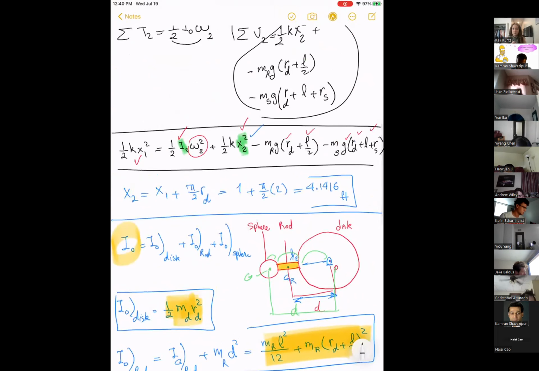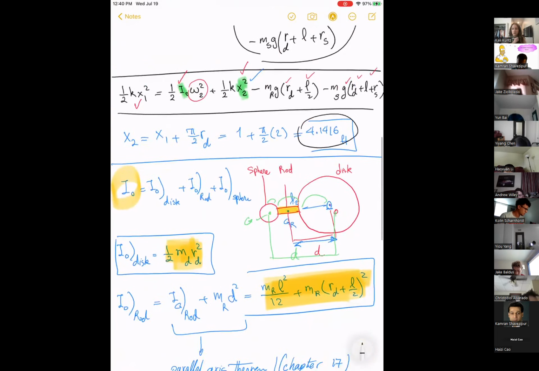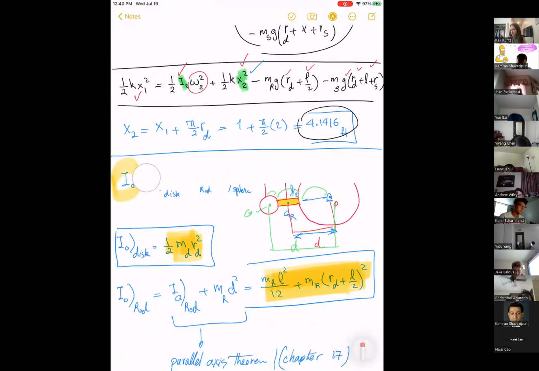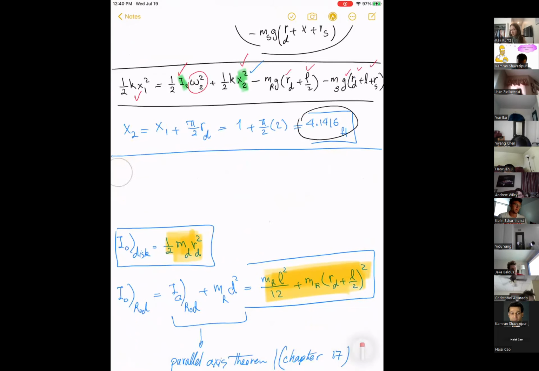Now we have x2. We have everything. Let's just substitute the numbers here. I'm going to clean this part because I want to see what is what. Plug in all the numbers and see how the final equation looks.